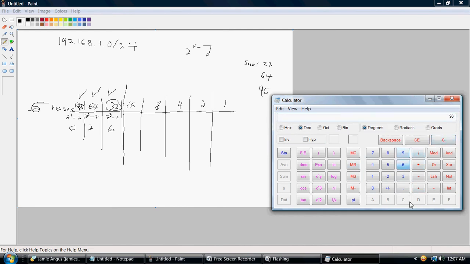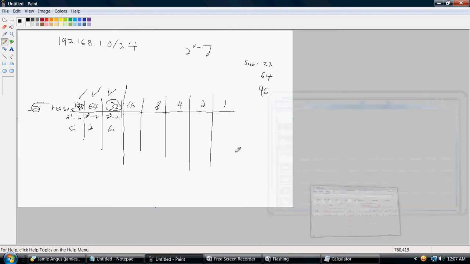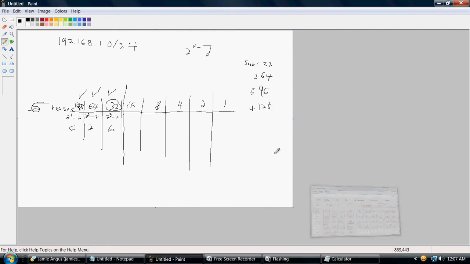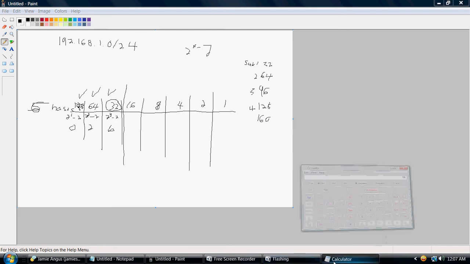So this would be subnet 1, subnet 2, subnet 3, 4, and then 5 would be 128 plus 32, which is 160, and then 160 plus 32 is 192.